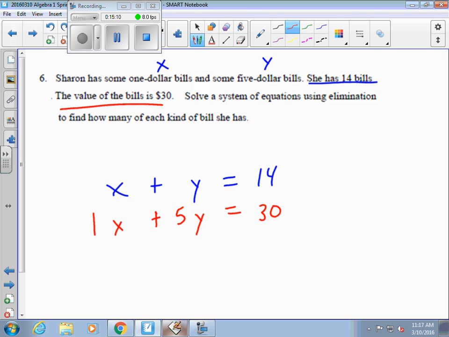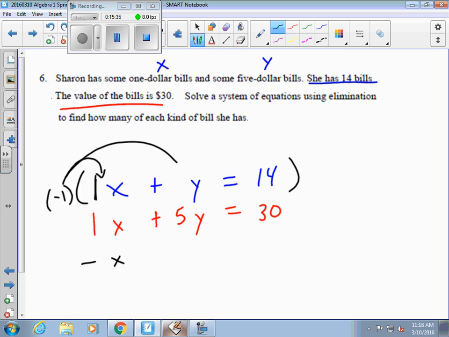So we have two equations that stack nice and neat. X is on top of x's, y is on top of y's, constants on top of constants. We do not have opposite coefficients, though. In order to do that, we want to make this 1 into negative, to where we have positive and negative 1. We need to multiply this equation by negative 1. That times this is negative 1x.